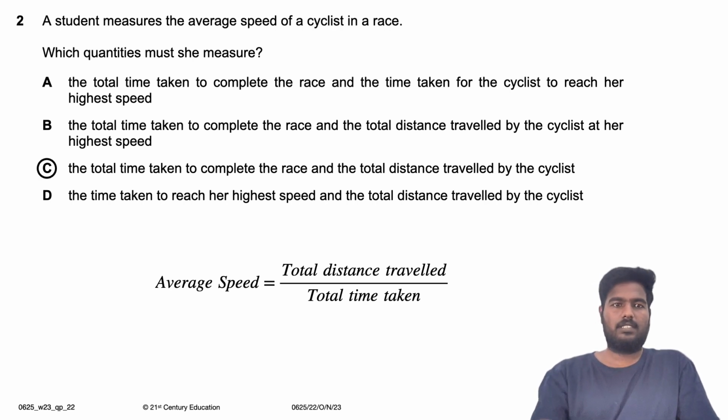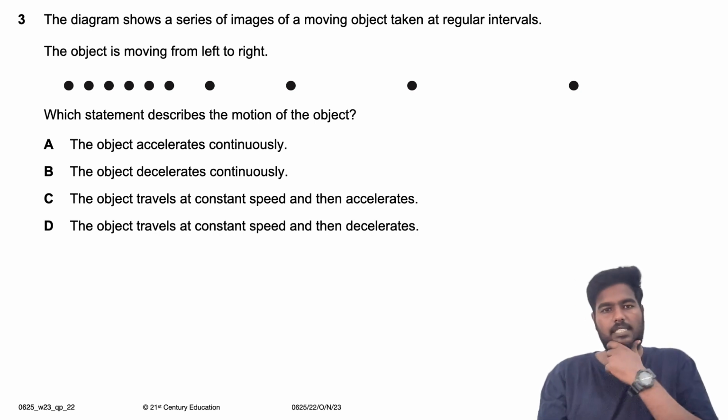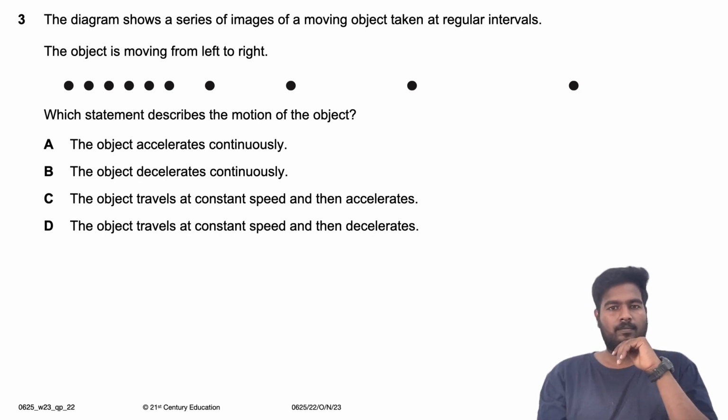Good. Next question. The diagram shows a series of images of a moving object taken at regular intervals. The object is moving from left to right. Which statement describes the motion of the object? Before going to the options, let's see the motion of the object.